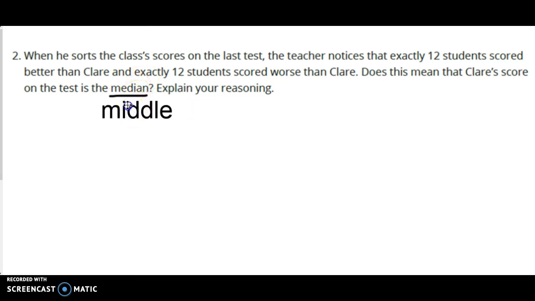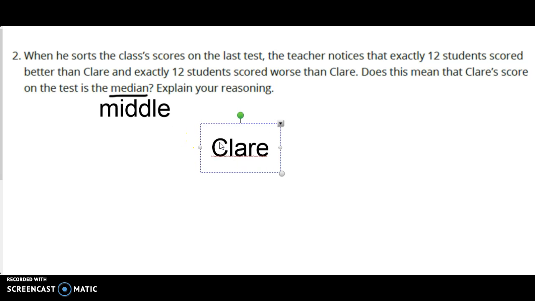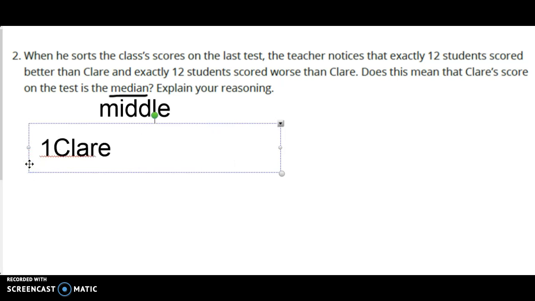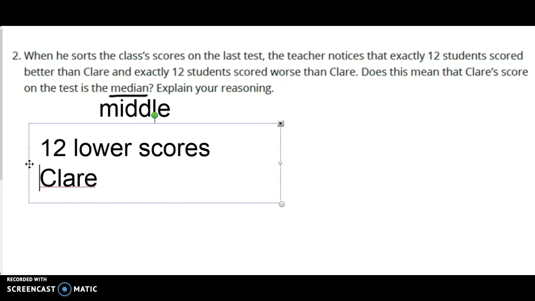So this question is kind of interesting because there is no data set, but what I know is that I have Claire in the center. So I'm going to go ahead and write Claire here. And then below Claire, I have 12 lower scores. Then I have Claire's score.